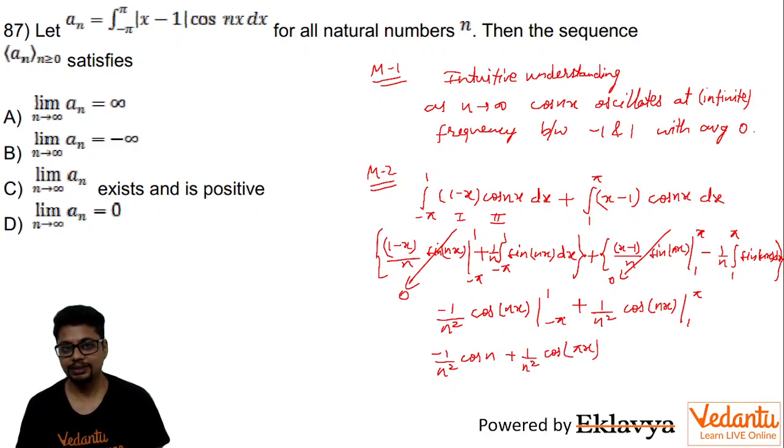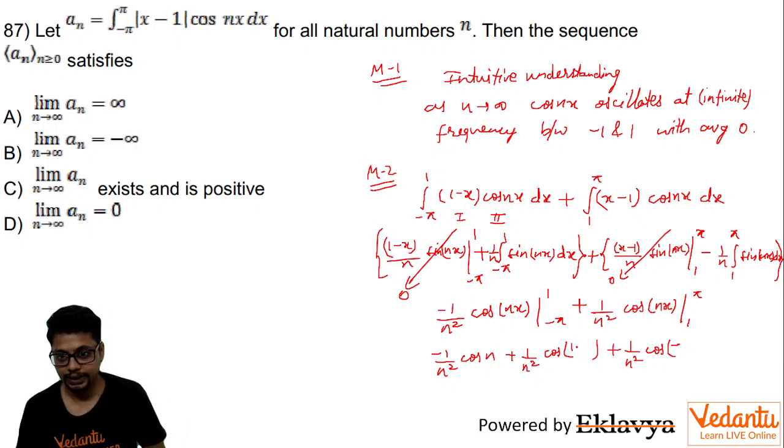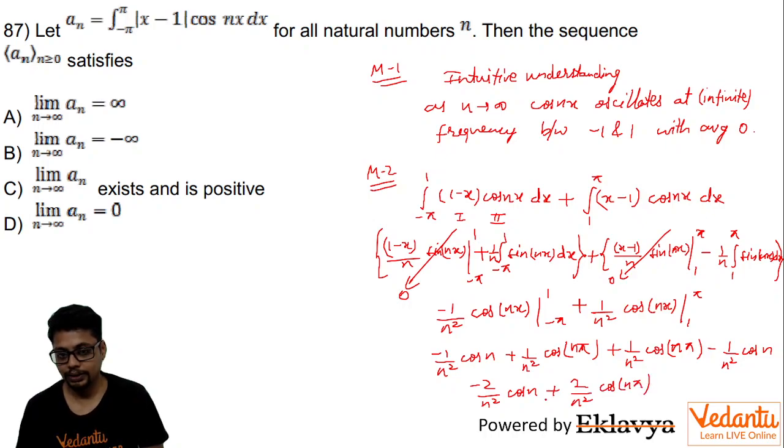Now cos of minus theta is the same as cos theta, so plus 1 by n square cos n pi, and the same here, n pi, and you get minus 1 by n square cos n. Essentially what you get is minus 2 by n square cos n plus 2 by n square cos n pi. So here as n tends to infinity, both go to 0.